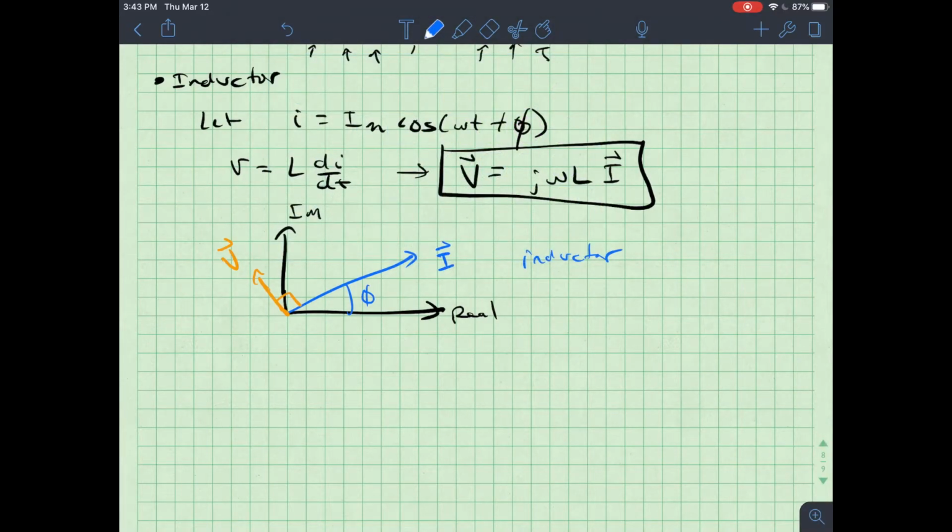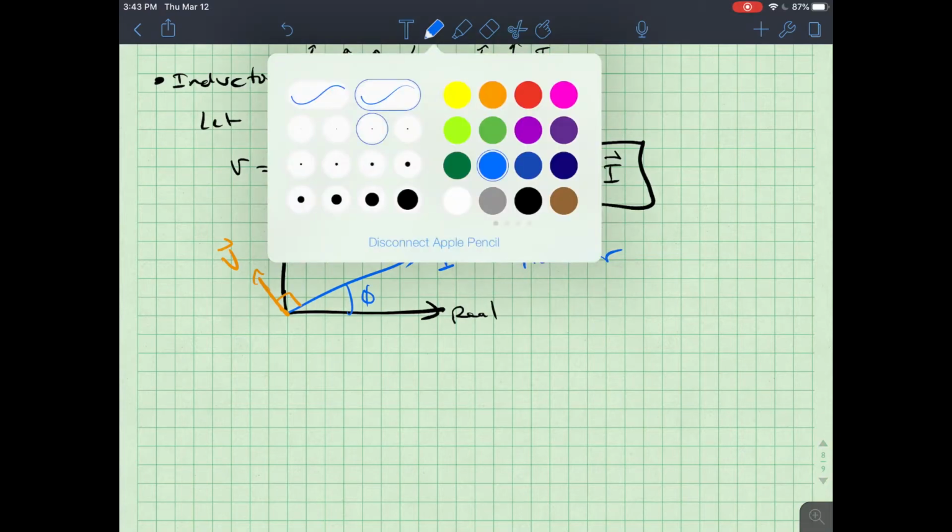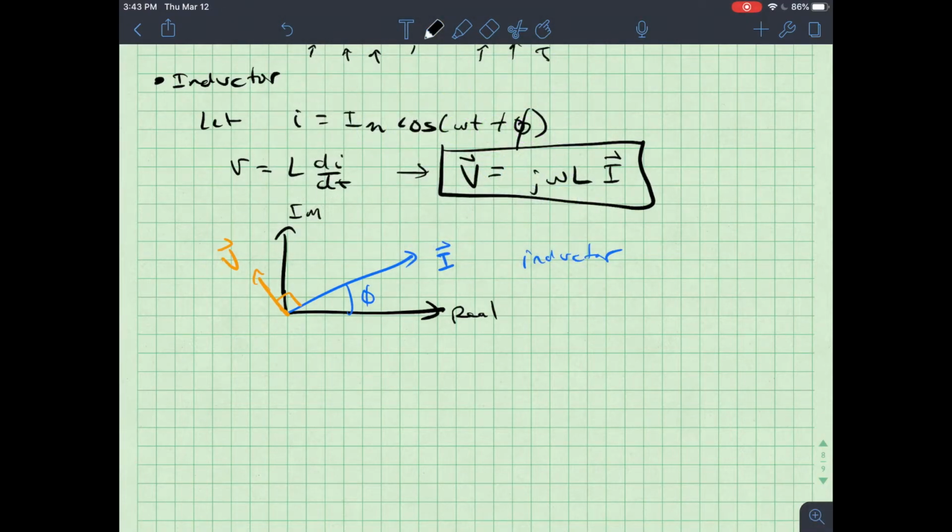So what we can say is that in an inductor, V leads I by 90 degrees. Again, mnemonic devices.